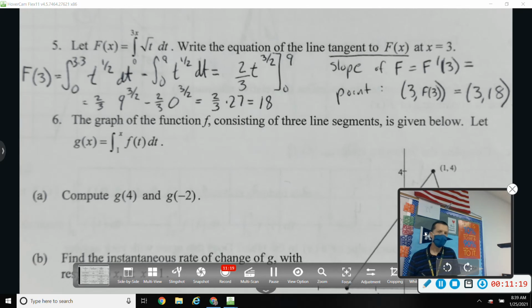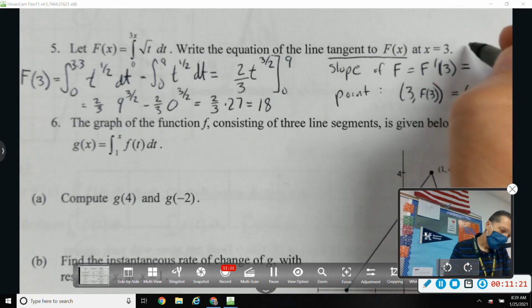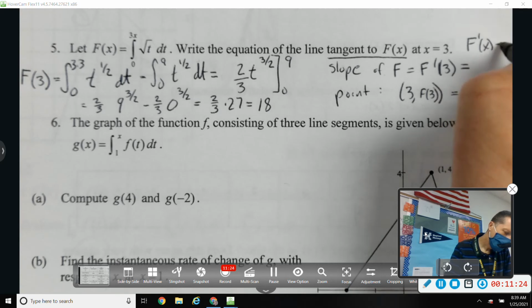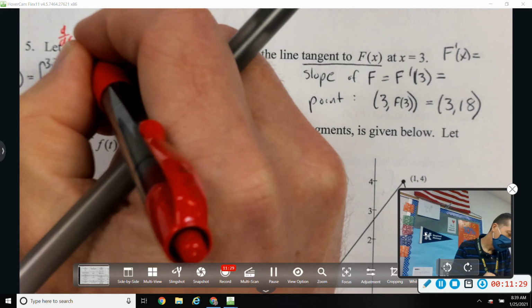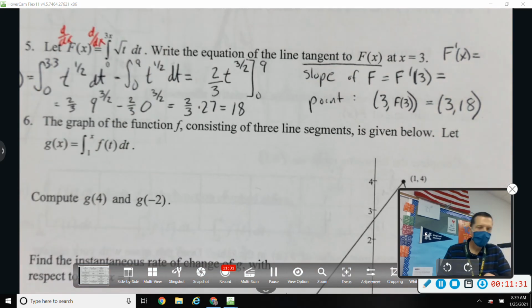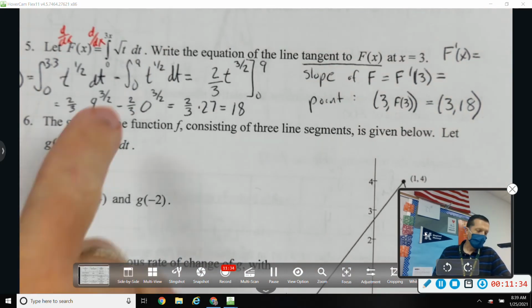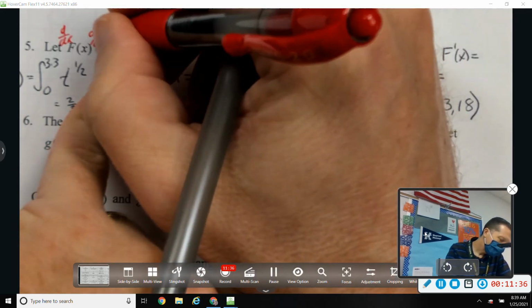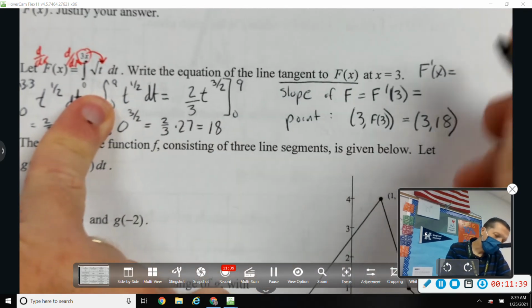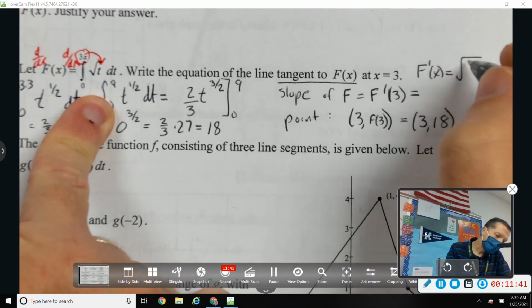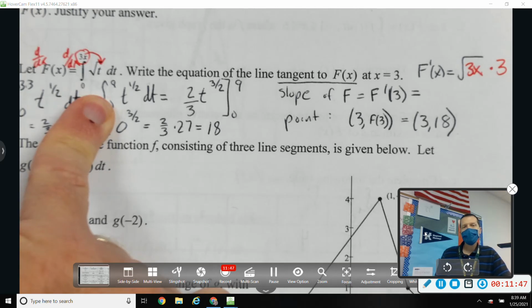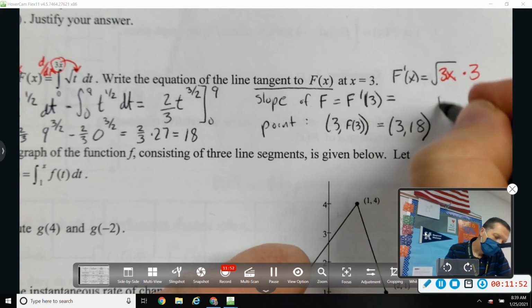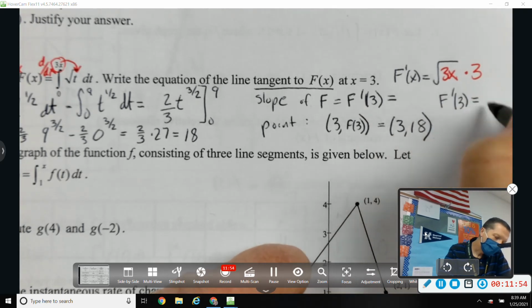But the slope, F prime, so I need to take the derivative of this guy. But the derivative and the antiderivative cancel each other out. So it's going to be the square root of 3x, because I put 3x in there, but then times 3, so the chain rule. So F prime of 3, I'm going to have 3's everywhere.